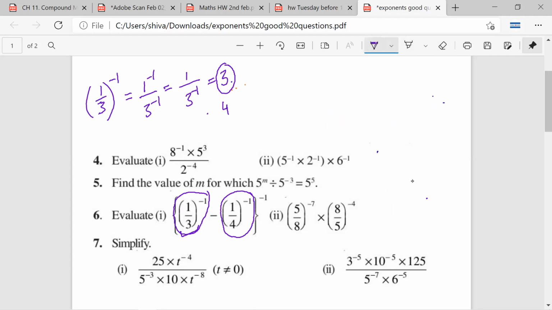So the first term can be written as 3 and the second term can be written as 4 and power -1. So this is -1 raised to power -1. Soumya ji, have you understood? Yes, sir. So -1 raised to power -1, Soumya ji, would be equal to?